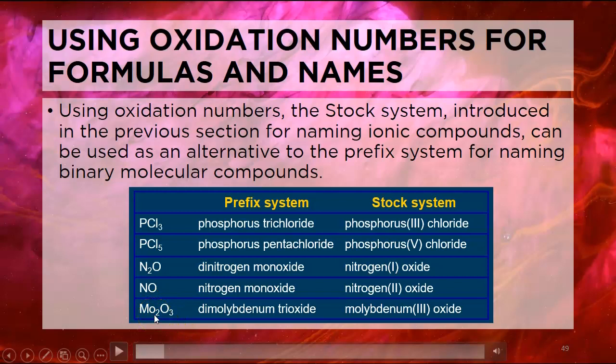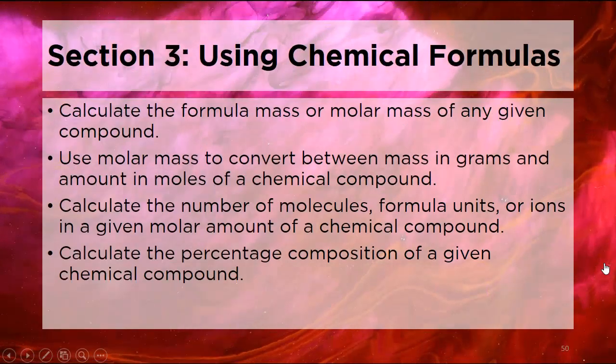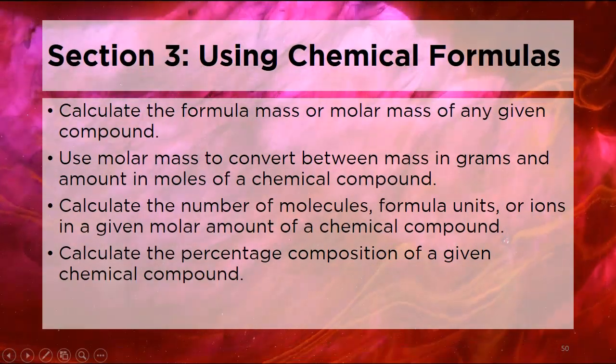So those 2 molybdenums would make a +3 each, and we call it molybdenum 3 oxide. So just an alternate way to name those using the stock system, because sometimes chemical names do change over time. We don't always call things what we used to.